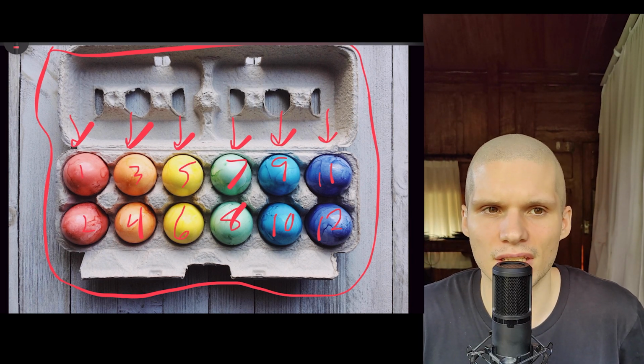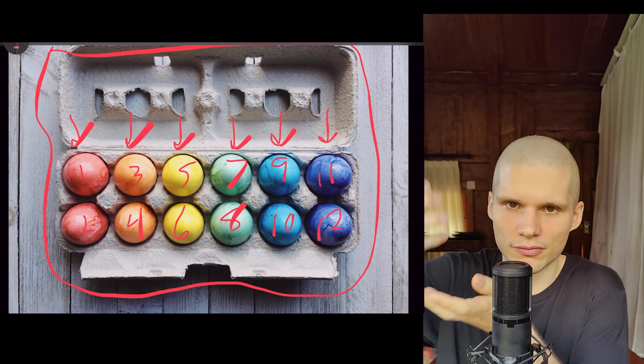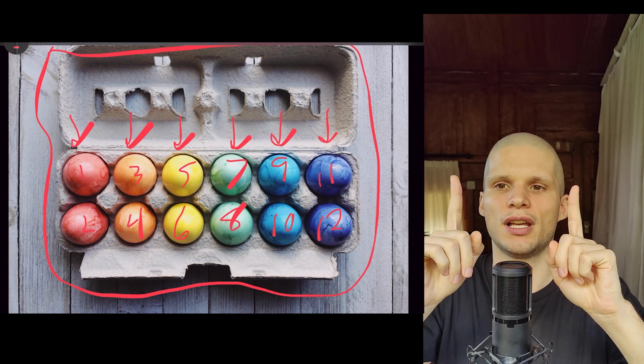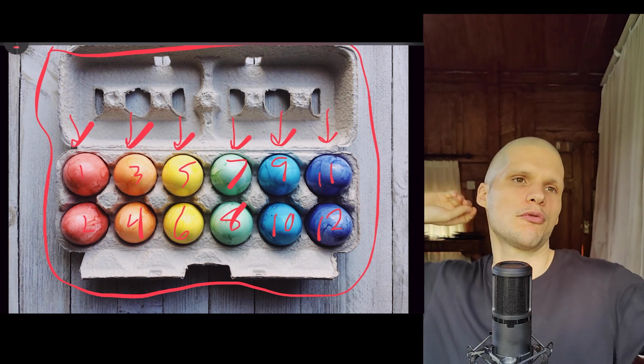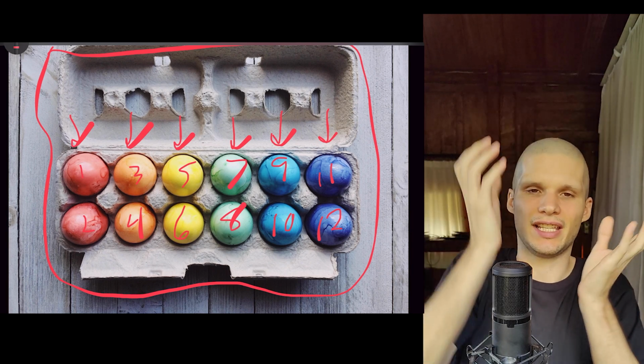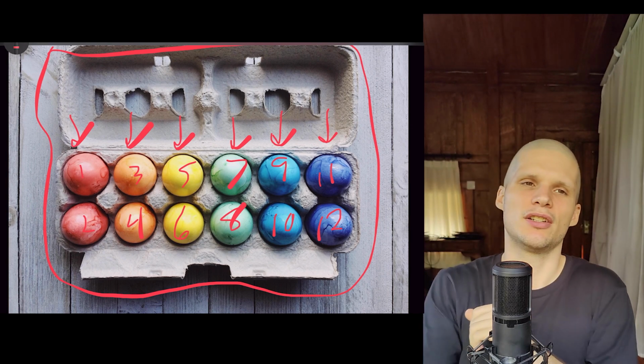Other games include egg toss where people throw. Two people, 1, 2, and one egg, and they throw the egg from one to the other. He catches it, and he throws it back. Catches it, throws it back.